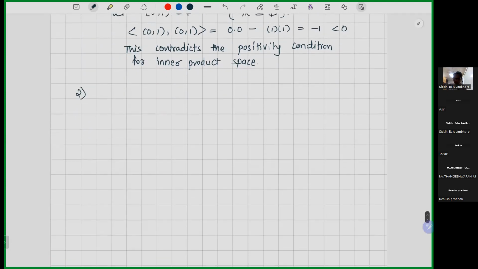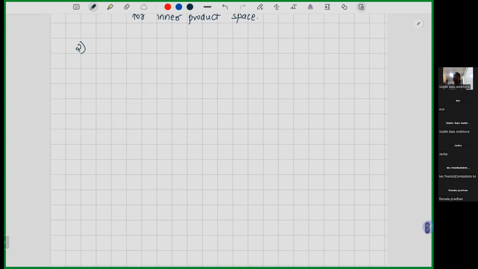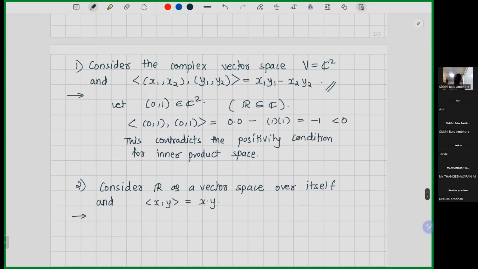So let us move to the next one. Consider R as a vector space over itself. Now we define this map (x, y) going to x into y, and we have to check whether this is an inner product over R or not.